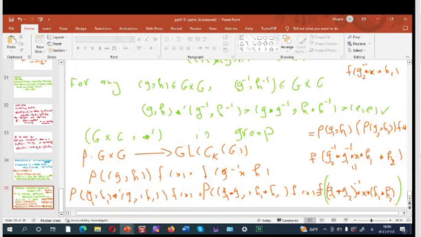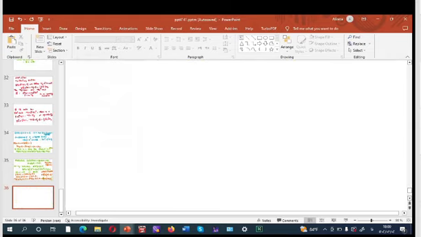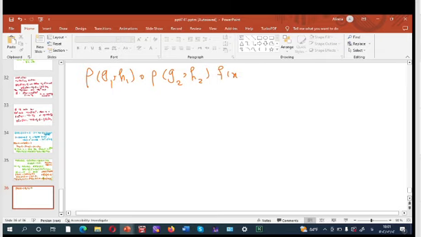Okay, on the other hand, rho of G1 and H1 composed with rho of G2 and H2 of f of x equals rho of G1 H1 applied to rho of G2 H2 of f of x.